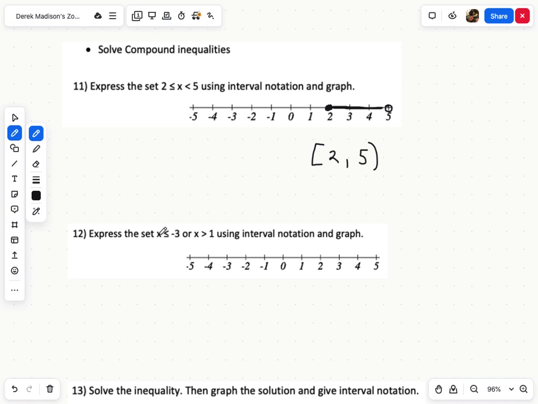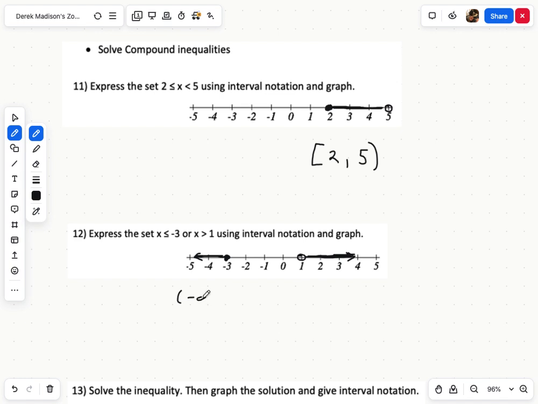For this one, we have x can be less than or equal to -3. So we'd have a solid dot here, and then less than or equal to, so we're heading in the negative direction. Or x can be greater than 1, so that would be an open dot, and then greater than 1 would be this side. So in terms of interval notation, we would need to use a union on this one because we have two unconnected solution sets.